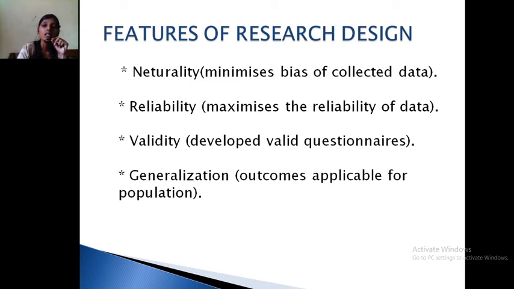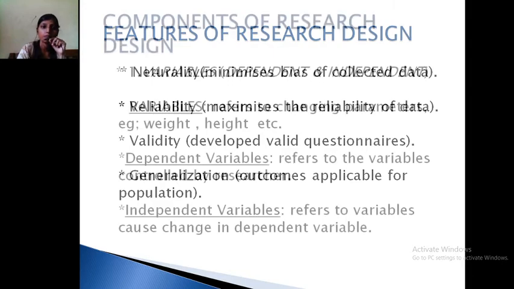It increases the reliability of the data, and the collected data is developed with a valid questionnaire for the research purpose, and the research operations which were applied to the data are going to be generalized for the population by the research design. Hence, research design deals with the reliable or the valid data for the research purpose.